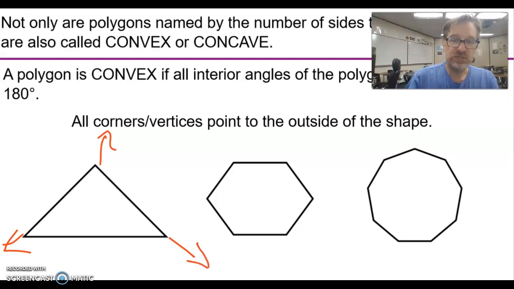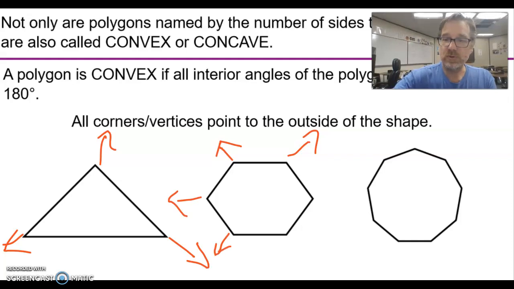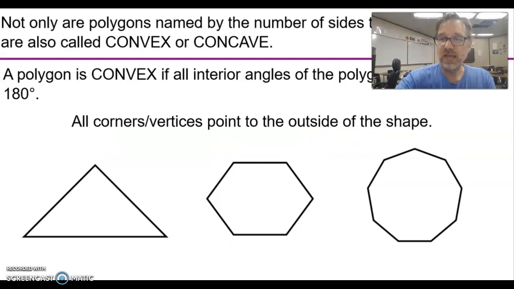None of these corners point to the inside of my shape. They are all pointing outside. Every single corner points outside. And the number of sides is the number of corners.